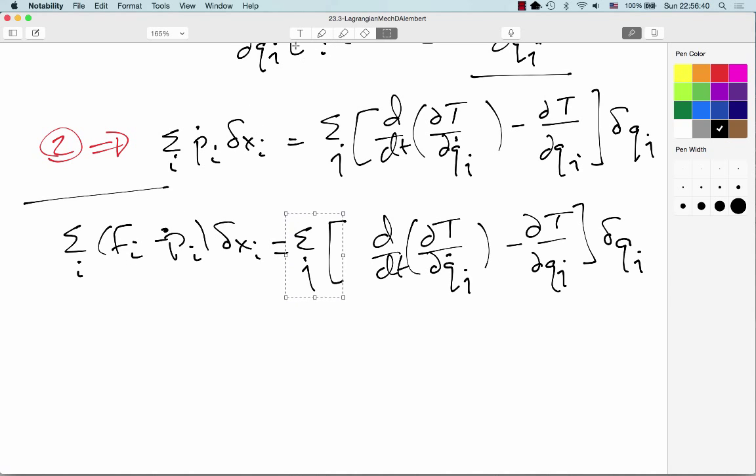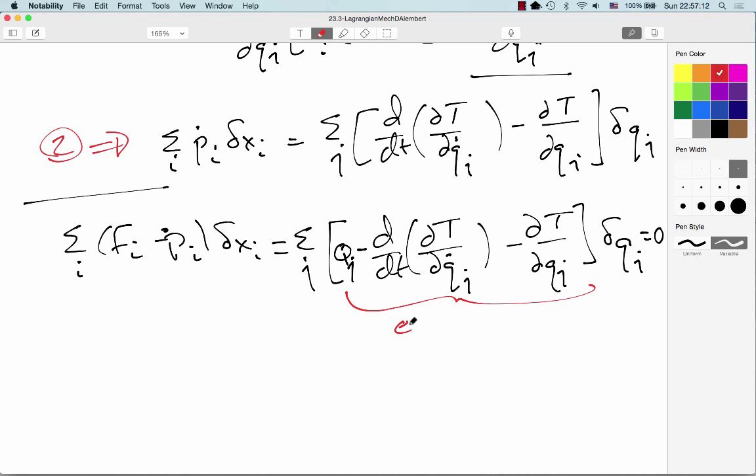This bit here, my Fi delta xi, we've already worked out from before, is going to be my generalized force times my virtual displacement in the generalized coordinate. So anyway, D'Alembert says that has to be 0. Now, because this is all independent here, each term has to vanish individually.